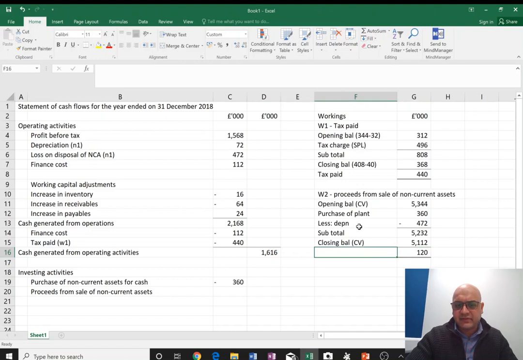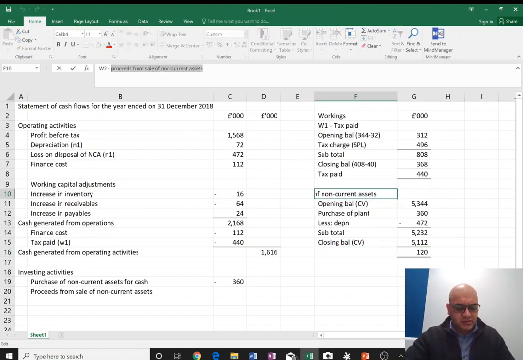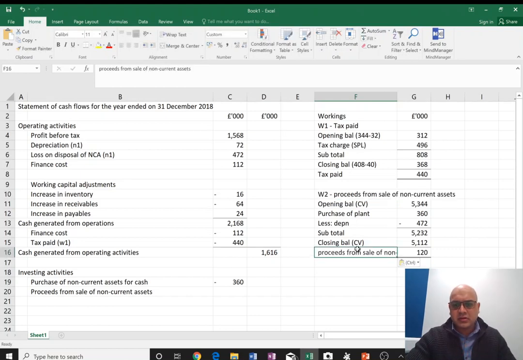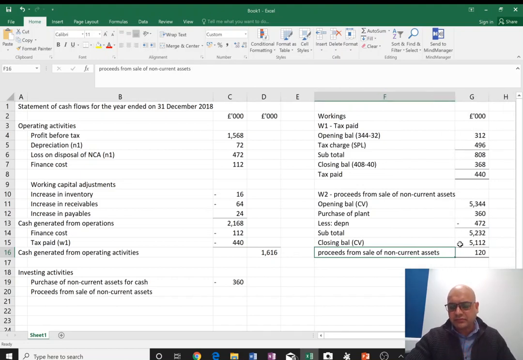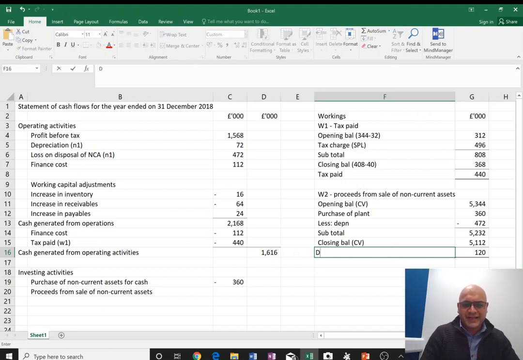Proceeds from disposal of non-current asset. Now, not quite done yet, because if you have noticed, oops, sorry, these are not proceeds. These are the disposal, sorry, disposal at carrying value.